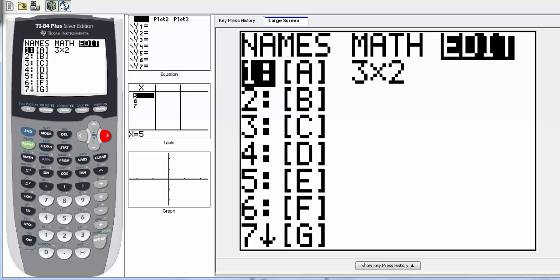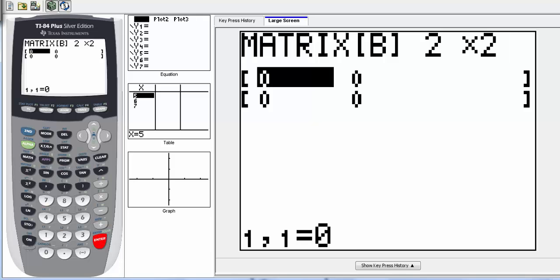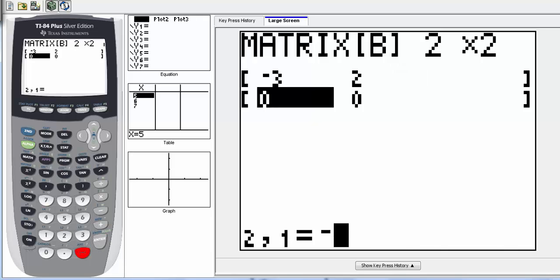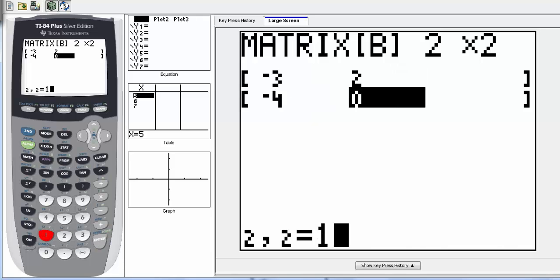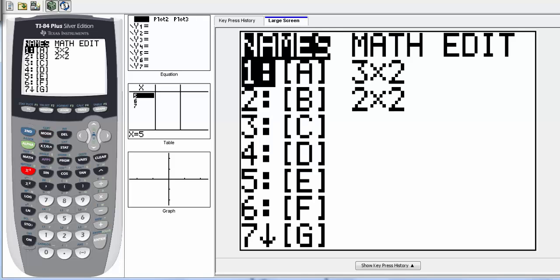Now, when I go to edit, I want to make sure I select number 2 so we don't type over what we just put for matrix A. So I'm going to select number 2, and we said this had to be a 2 by 2 matrix, which would be negative 3, 2, negative 4, and 1. And once again, I'm going to quit to get out of the edit mode.